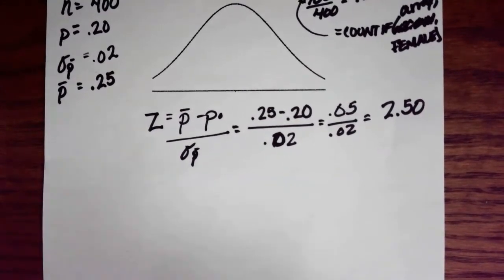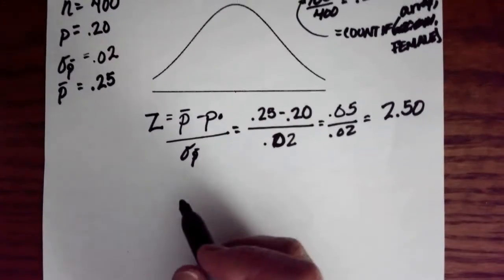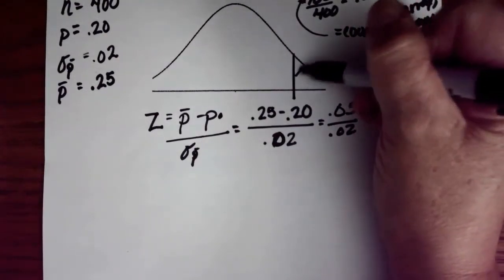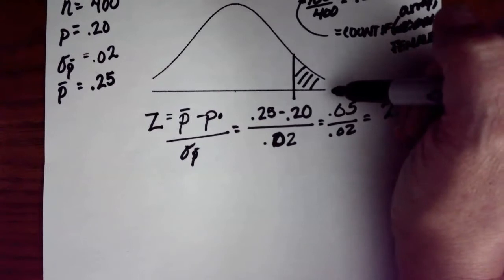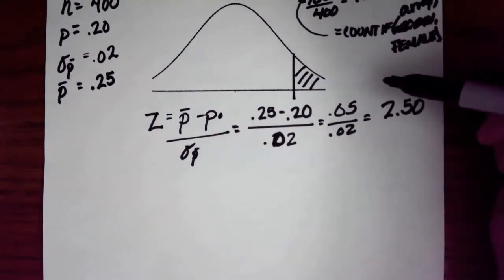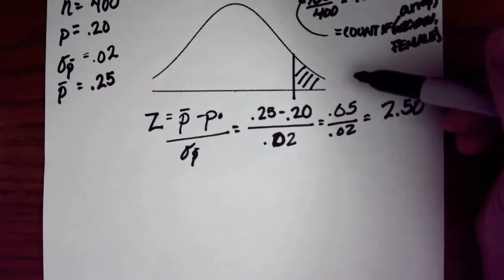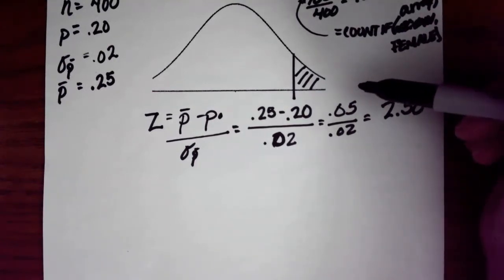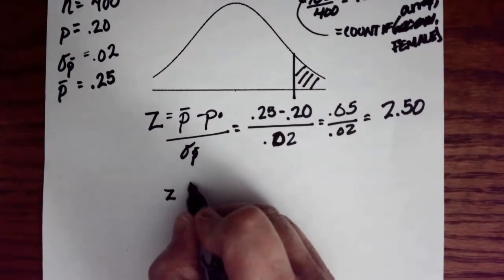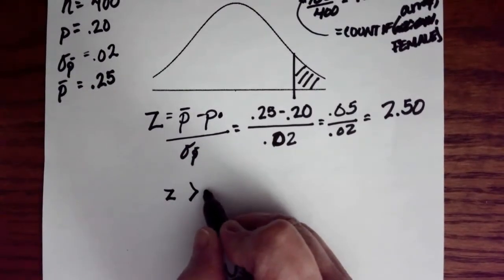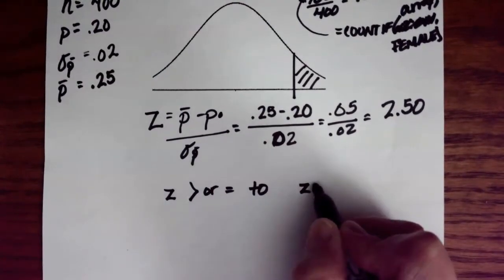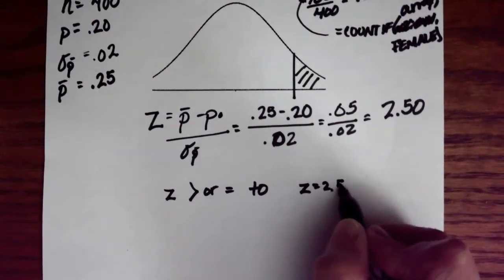All right, so because we're looking at, again, an upper tail test, because the manager wants to know if the promotion increased the proportion of female golfers. Because it's an upper tail test, the p-value is the probability that z is greater than or equal to z of 2.5.